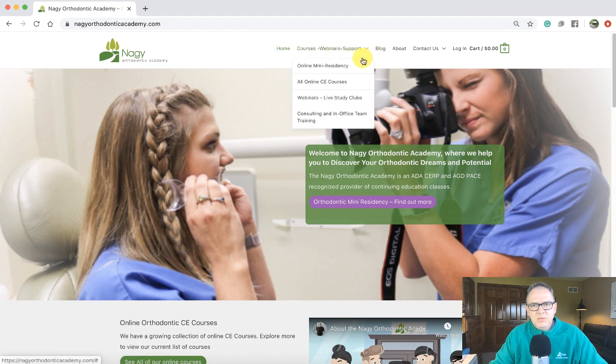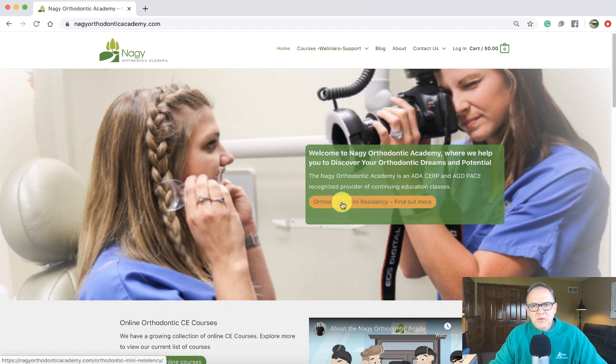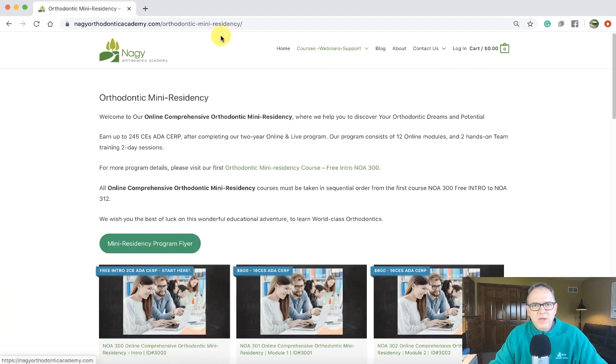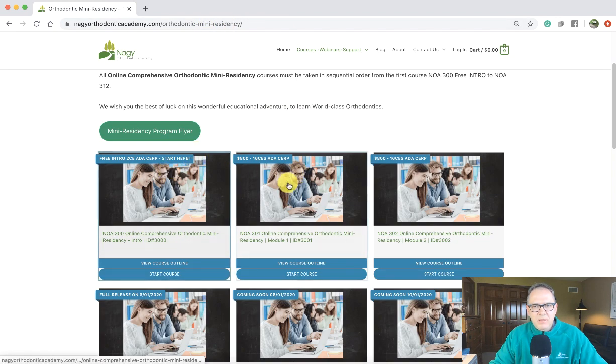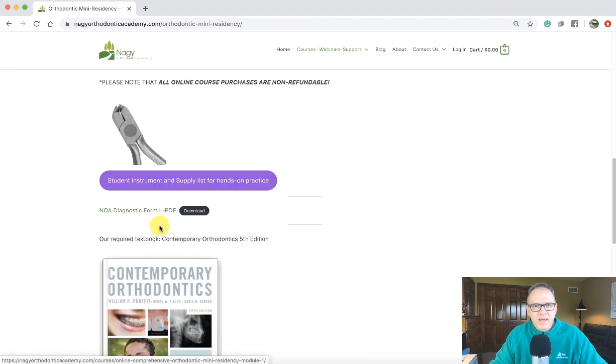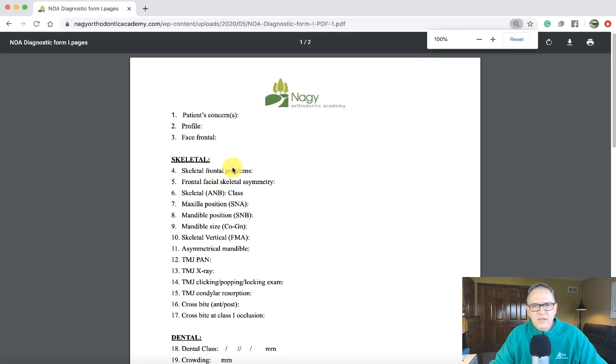So you go to Courses, Webinar Support, and click on Mini-Residency, or there are several different shortcuts on our website, but you need to get to basically the Mini-Residency page. This is the title page for the Mini-Residency courses, and you can see that this is where all the courses of the Mini-Residency are located. And what you have to do is scroll down until you see this form, the NOA Diagnostic form, and all you have to do is just click here, and then it opens up and you can view it.